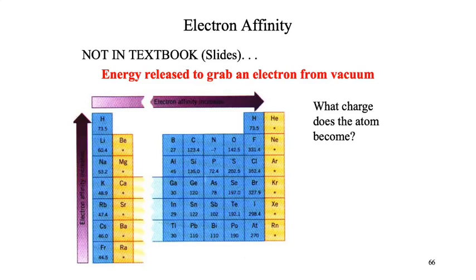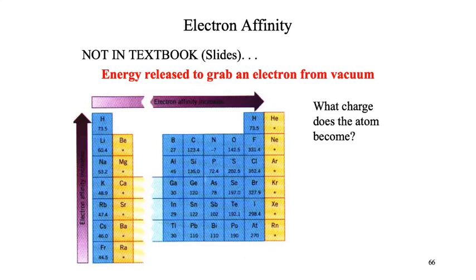So if it's positive, it's negative, and if it's negative, it turns positive? That, unfortunately, is an oversimplification of the process. When we're talking about both ionization energy and electron affinity, at least within the context of this class, we're not talking about a positive atom or a negative atom. We're talking about a neutral atom to which we either remove an electron or to which we add an electron. So if we start neutral and we ionize it, by definition, it has now become positive.